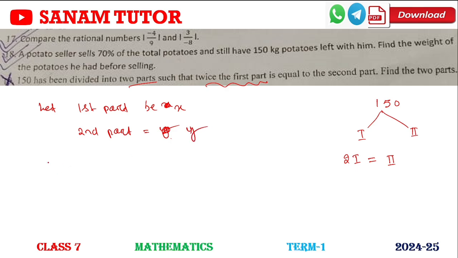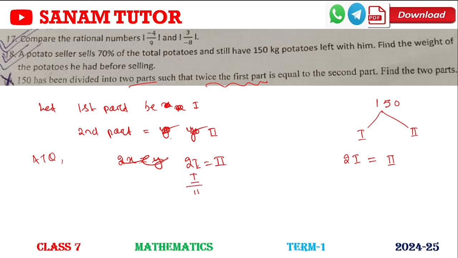So now we can write, according to the question, twice the first part, that is 2x, is equal to y. Yes or no? Or simply you can write the first part is x and the second part is 2x.